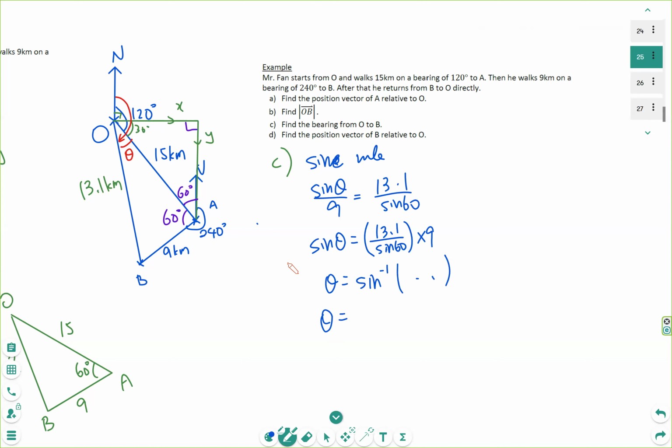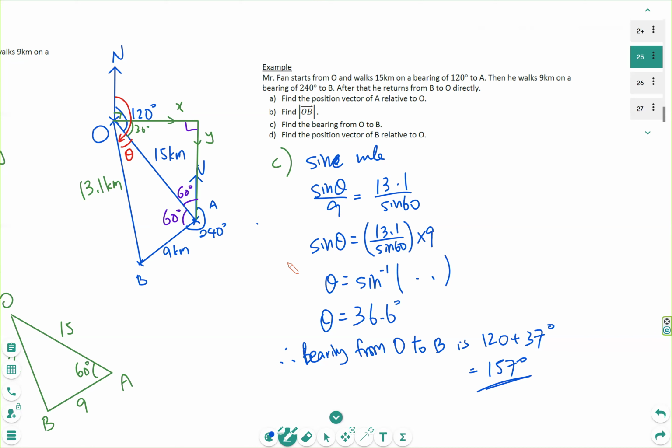Put in a calculator. You should get 36.6 degree. Therefore, the bearing from O to B is 120 plus 36 point. If I round it to two significant figure, that will give me 157 degree. And that's the bearing. All right, 3 digits.